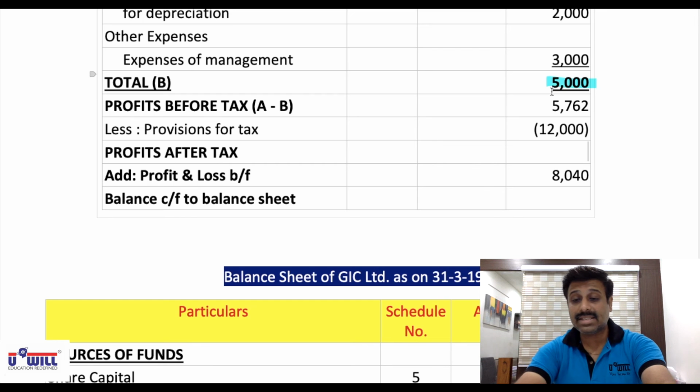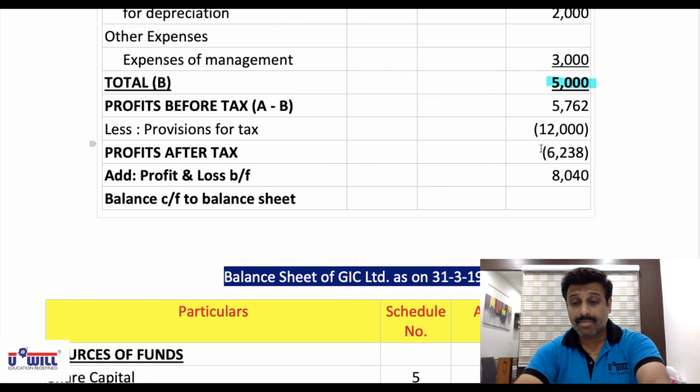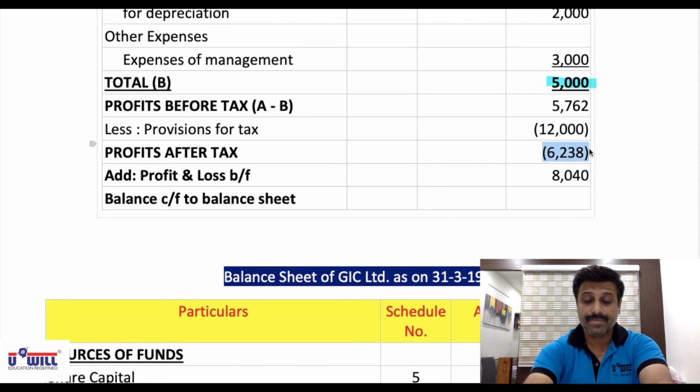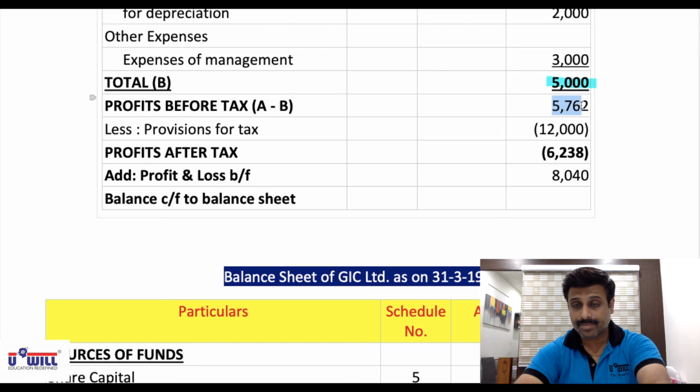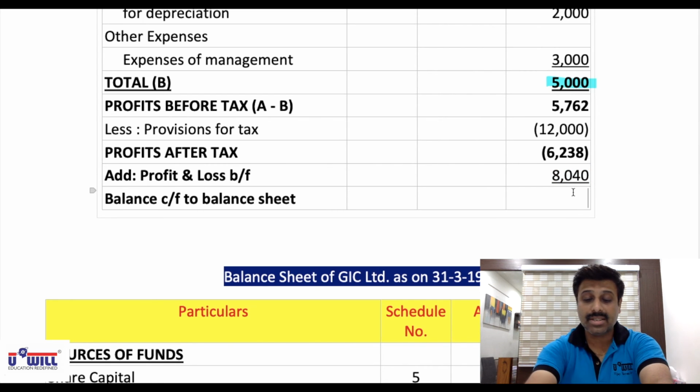That comes to minus 6238. In that we'll add 8040. So what amount will come in balance sheet is 1802.